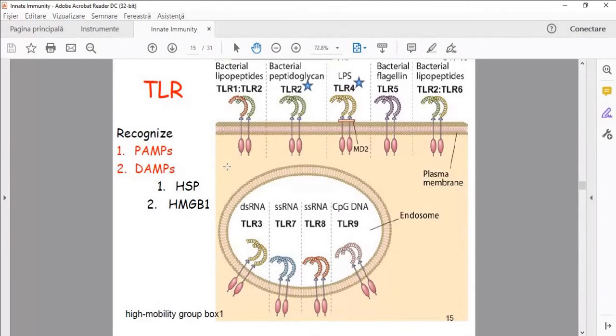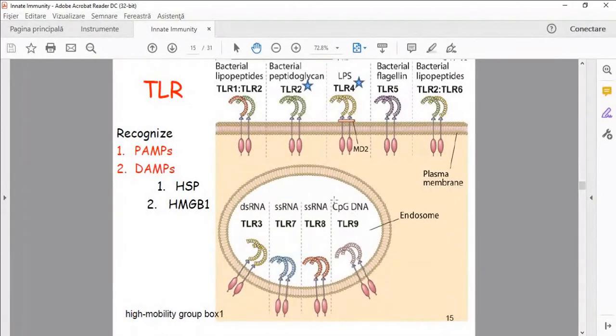It was found that 4 of them, toll-like receptor 3, 7, and others, are able to recognize structures common to viruses, such as double-stranded RNA or single-stranded RNA.